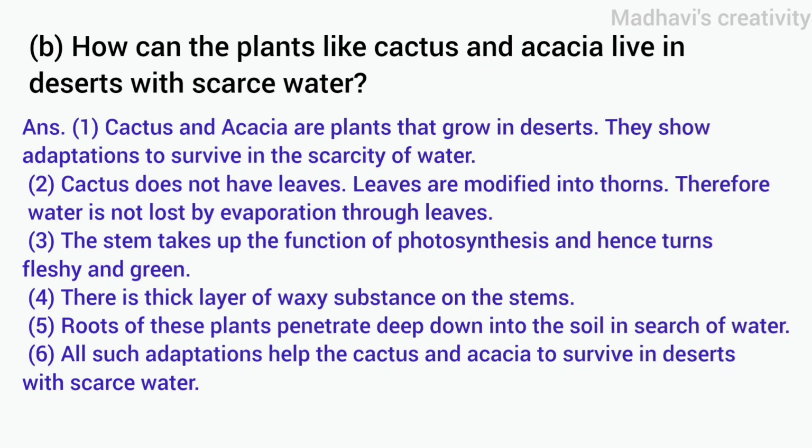Third, the stem takes up the function of photosynthesis and hence turns fleshy and green. Fourth, there is a thick layer of waxy substance on the stems.